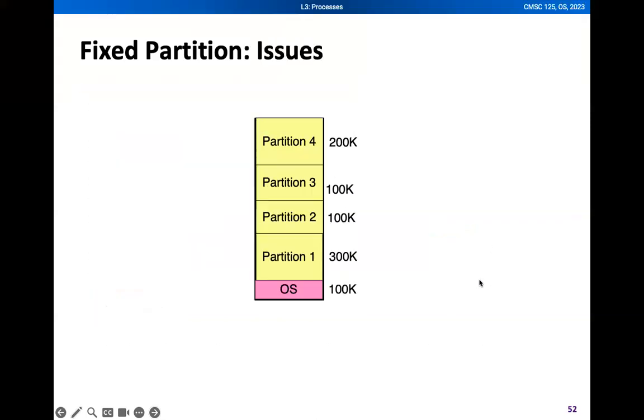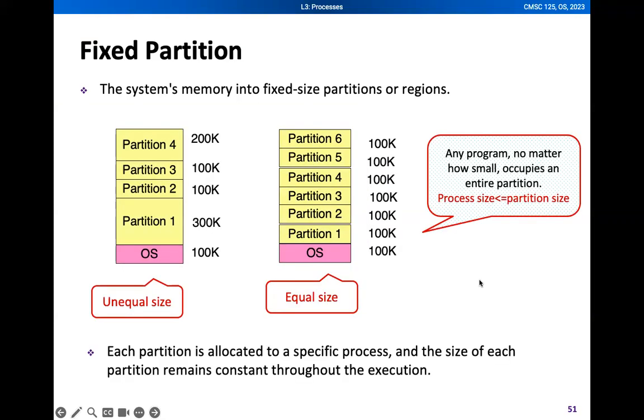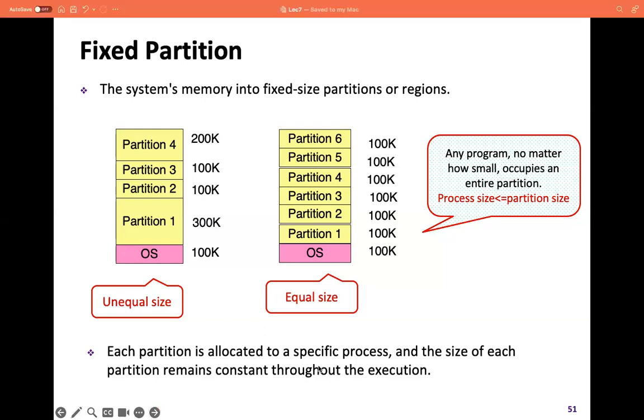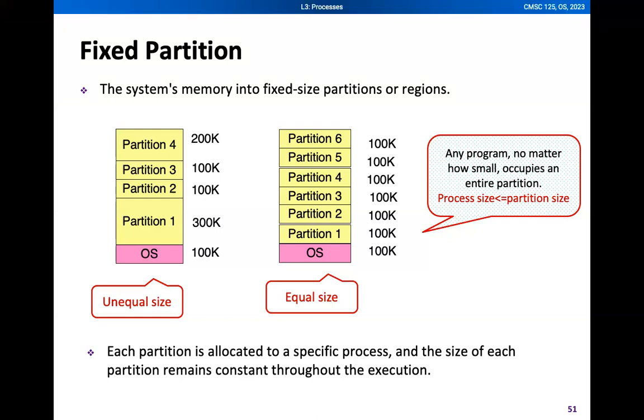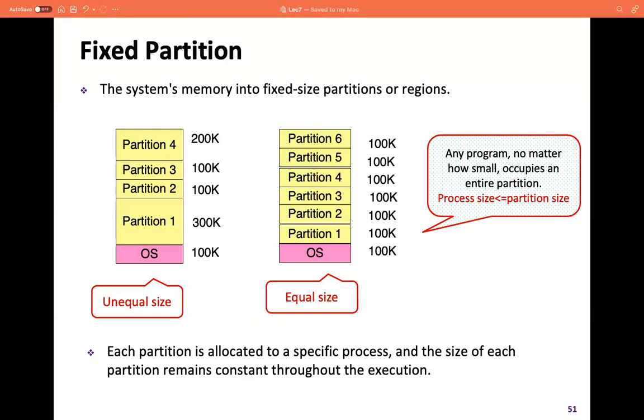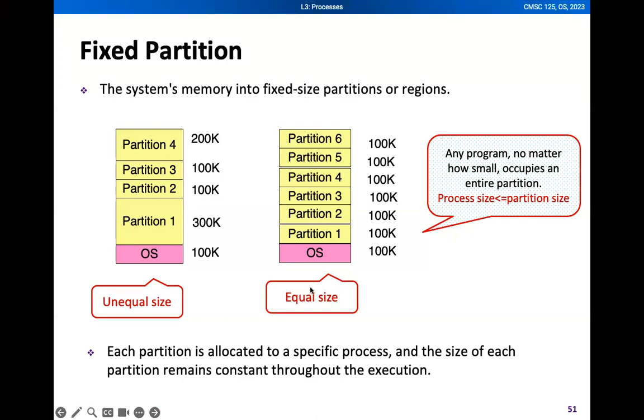Of course, there are some advantages of fixed partitioning, since as we mentioned, the partition size remains constant throughout the execution. So implementing it is relatively simple, since the partitions are predefined and they do not change dynamically.